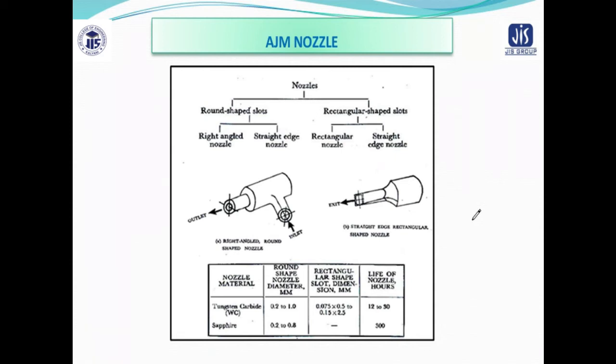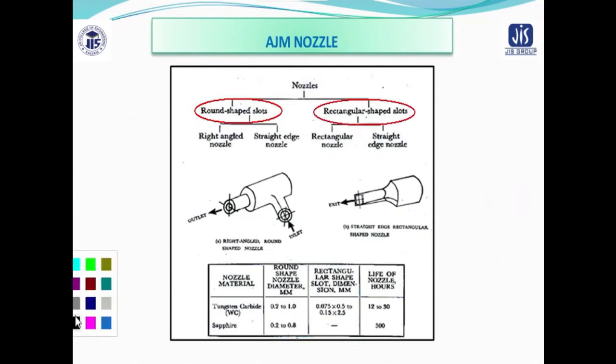Nozzle is made with either circular or rectangular cross section, and the head can be straight or right angle. You can see nozzles are basically of round shaped slot, another is rectangular shaped slot.